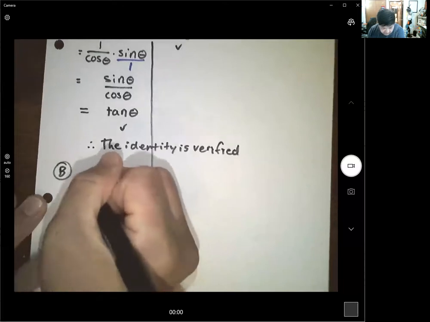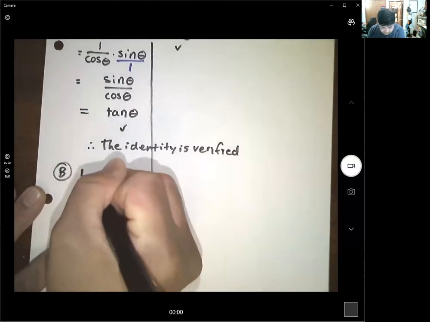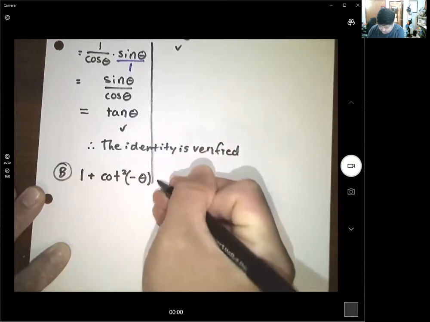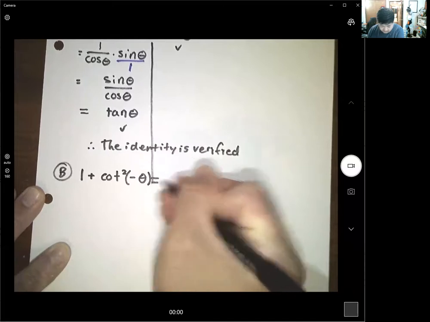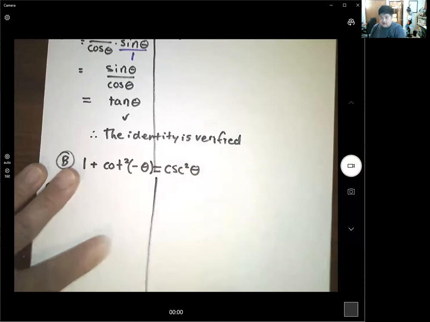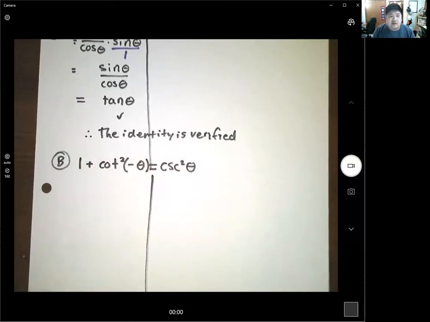All right, so now let's look at problem B. We have 1 plus cotangent squared of negative theta, or opposite theta, equal to cosecant squared of theta. This one might require a little bit of extra work, but that's okay. Sometimes things in life require a little extra work.